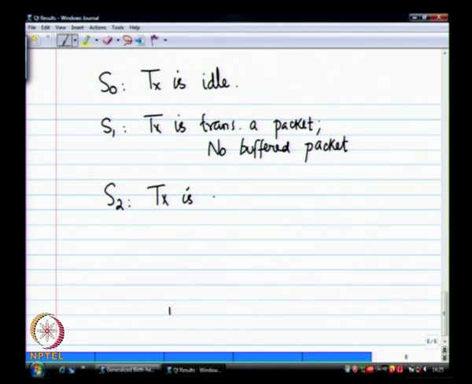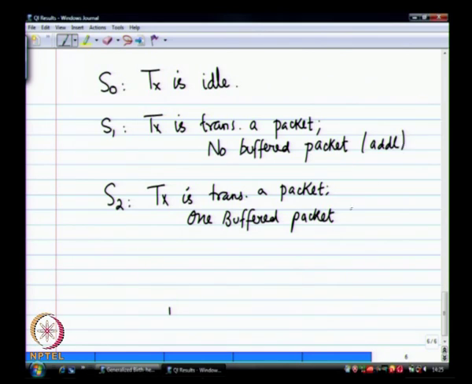Here this is a situation where I have a packet queued and I am also trying to transmit the packet. So there is no additional packet buffered. There is one packet in the buffer, which is the one that I am trying to send.